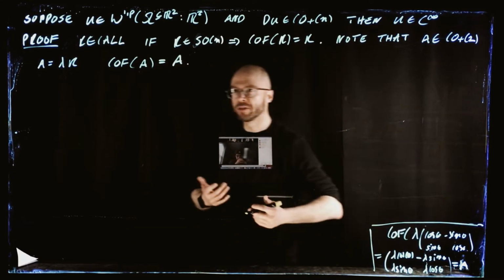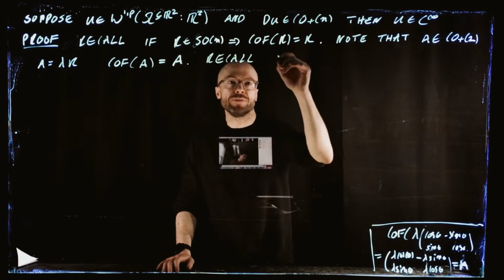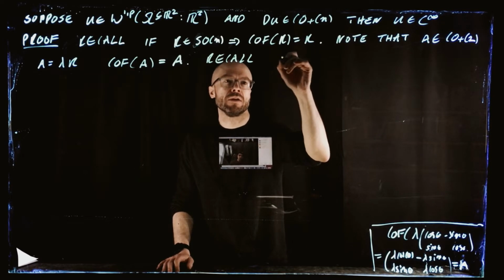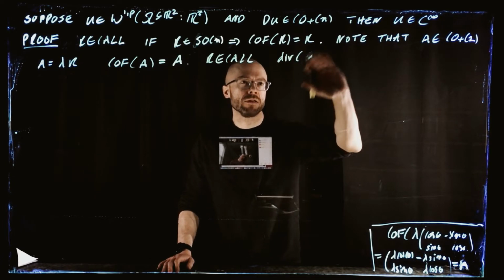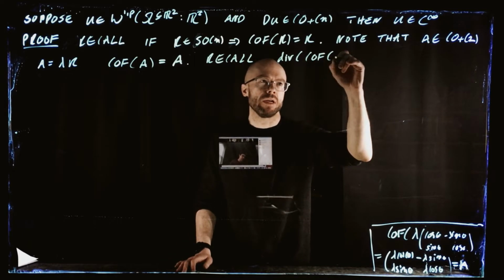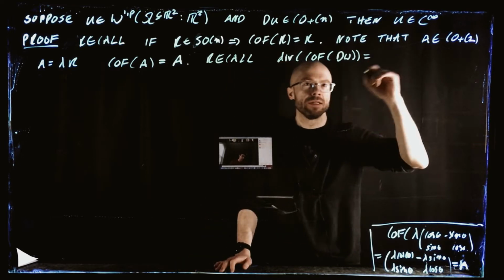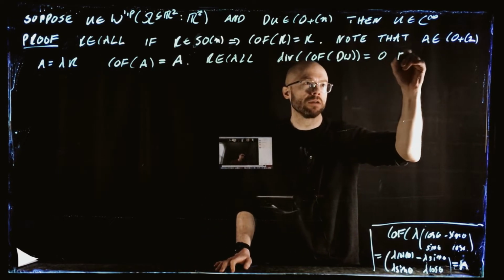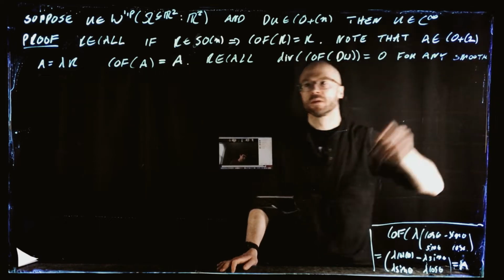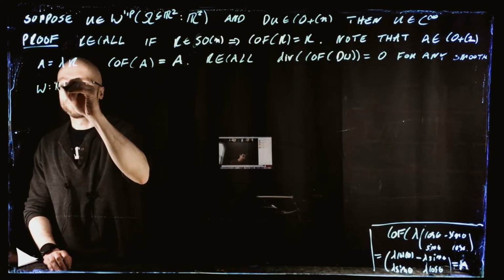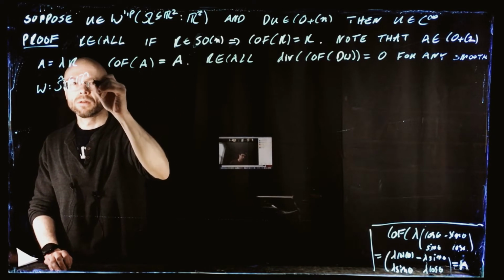So recall that this is always true in any dimension: if we take the divergence of the cofactor of the gradient of any matrix, let's write it as dW, then this is equal to 0 for any smooth W from omega tilde in Rn to Rn.